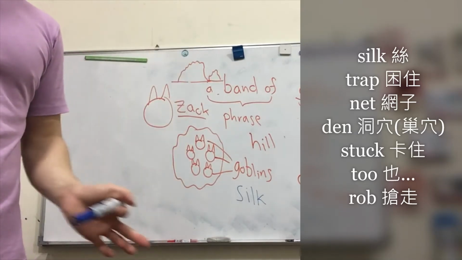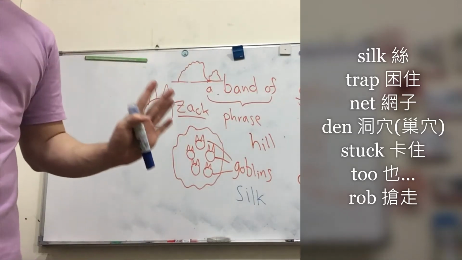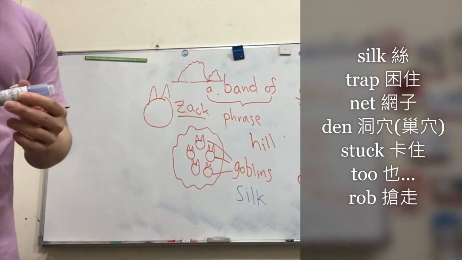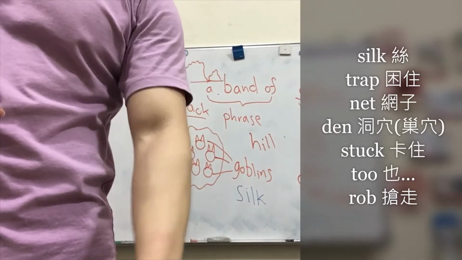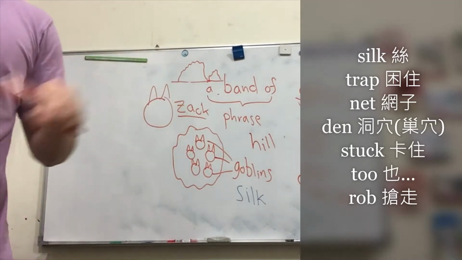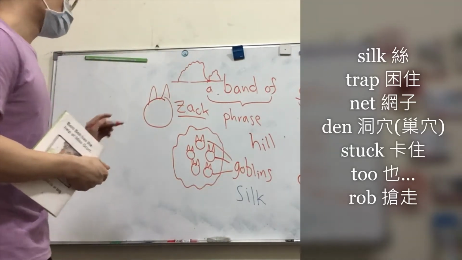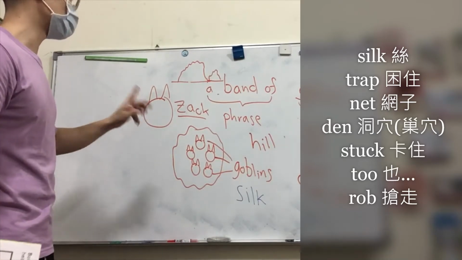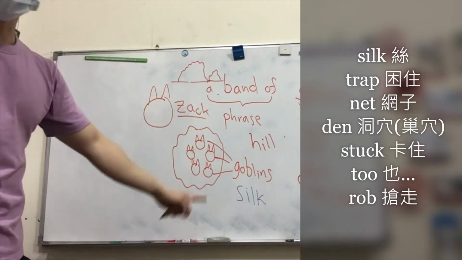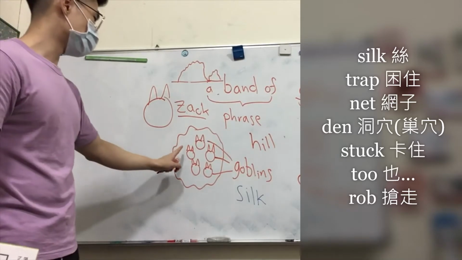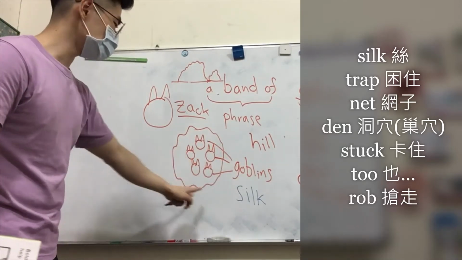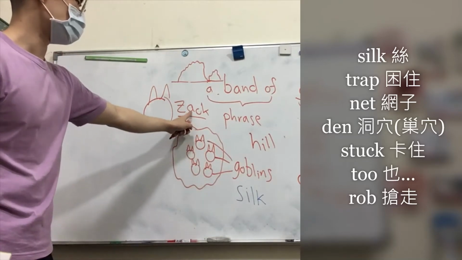So what is going on here? Do you guys know what is going on here? If you do not know, it's okay because I'm going to explain to you now. Let's first do a quick recap. We have the goblins, and the goblins are led by Zack.